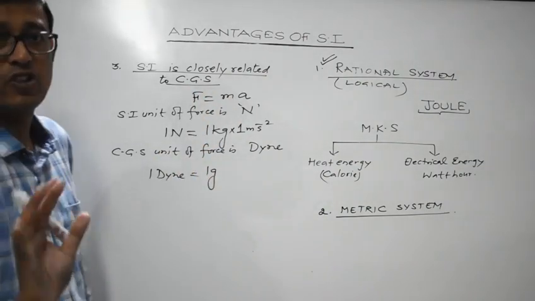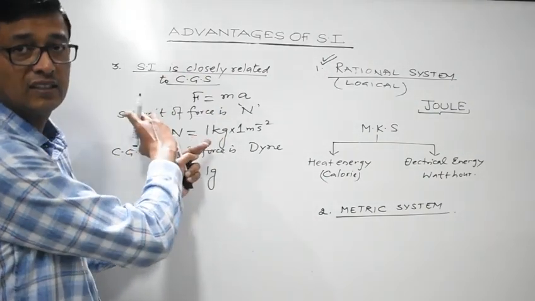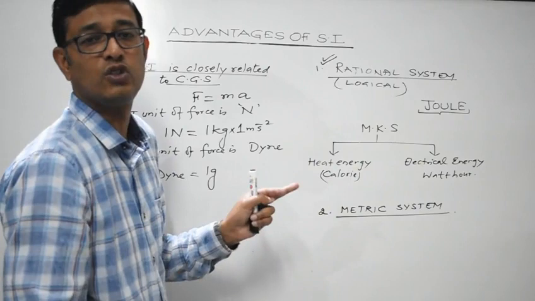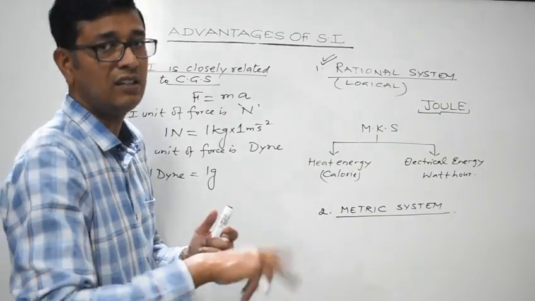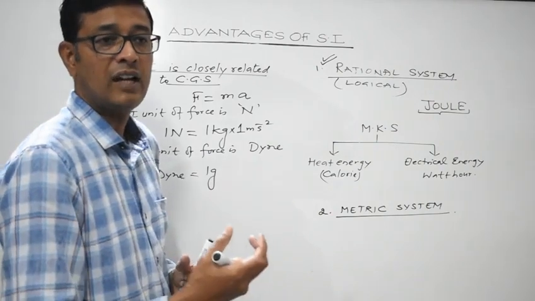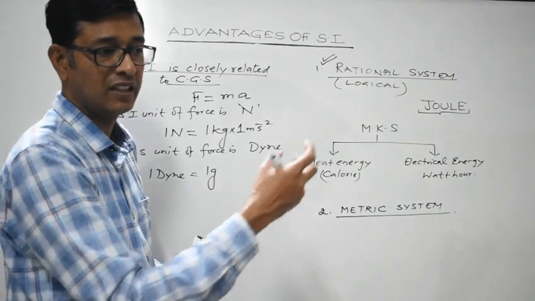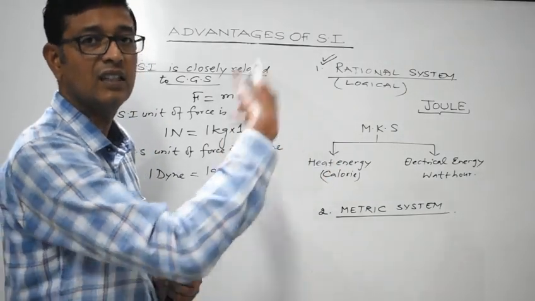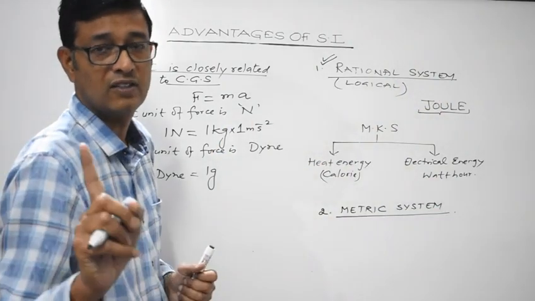Here I must mention, in a given relationship, if on the left hand side you are using the SI system, then on the right hand side also you need to make use of the SI system only. You need to make use of any one system, either SI or CGS, right? Be consistent. Don't express some quantity in SI and another physical quantity in some other system of units.